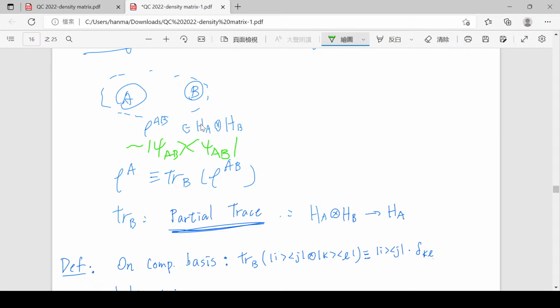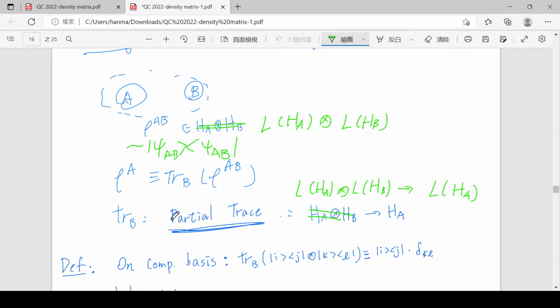Those should actually be operators on H_A and H_B, so L(H_A) tensor L(H_B). Those are matrices that map from H_A to H_A, and matrices that map from H_B to H_B. And here we should have L(H_A) tensor L(H_B) mapping to L(H_A). Okay, a small correction.